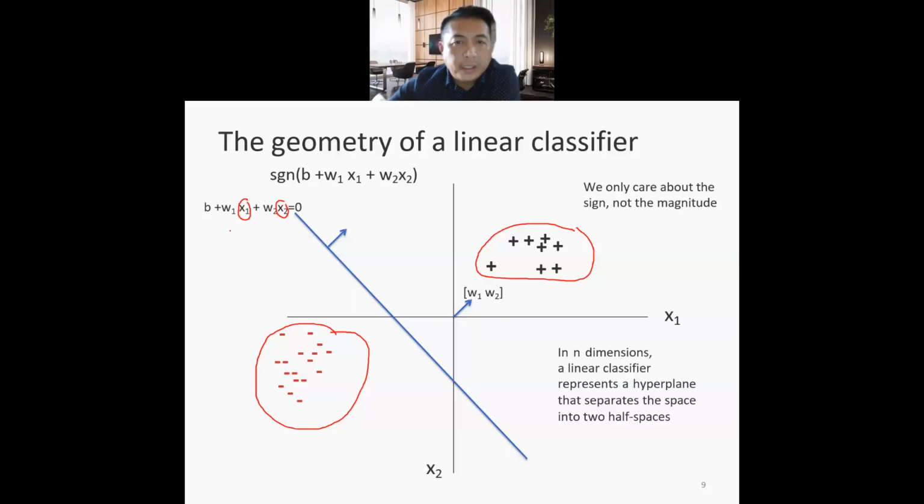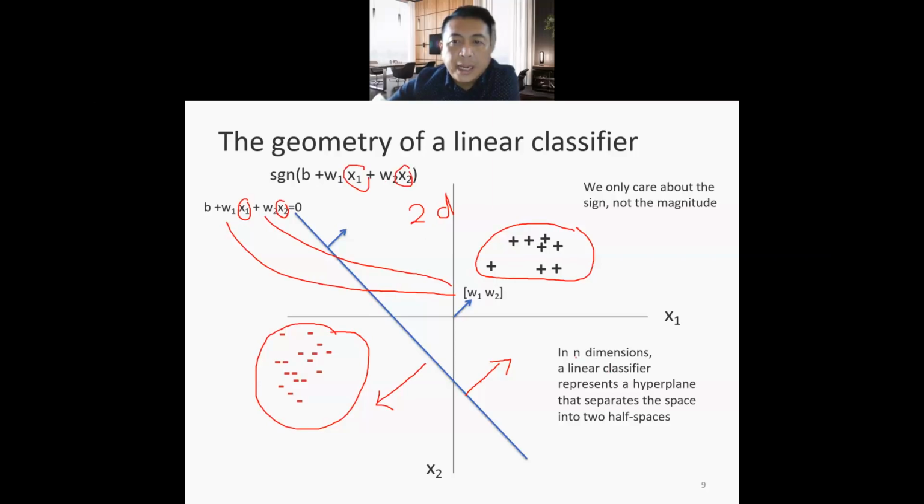The weight here is obtained from here, how much you want to move the x and y. We only care about the sign. Everything on this line and above will be positive. Everything under this line will be negative.